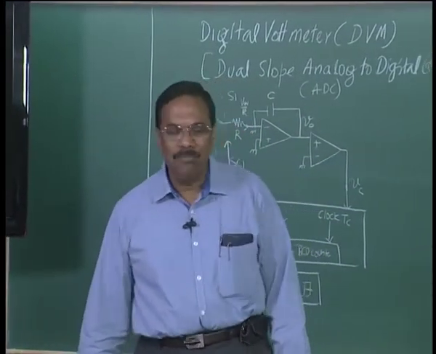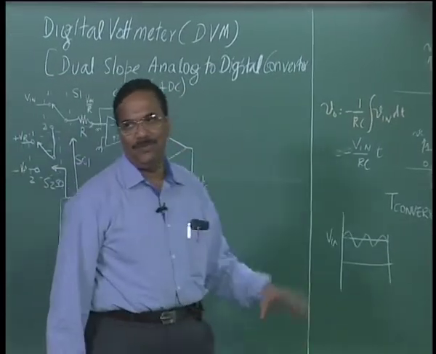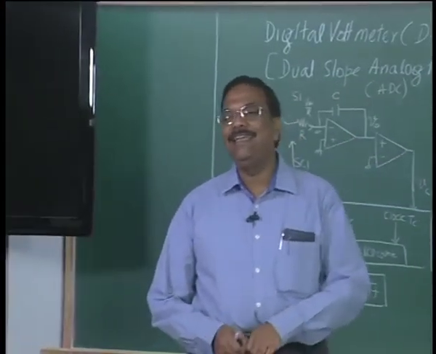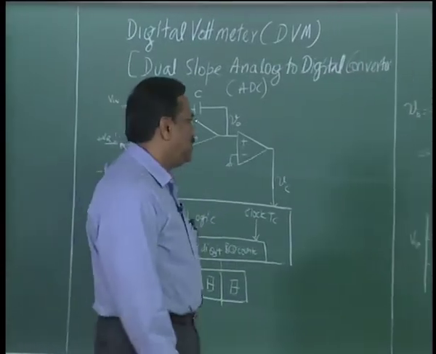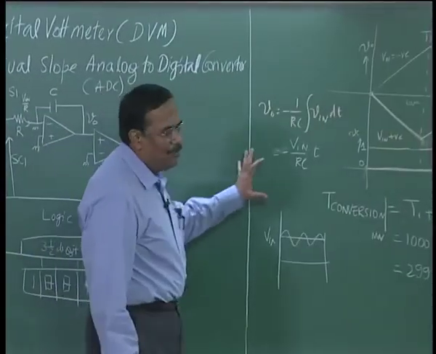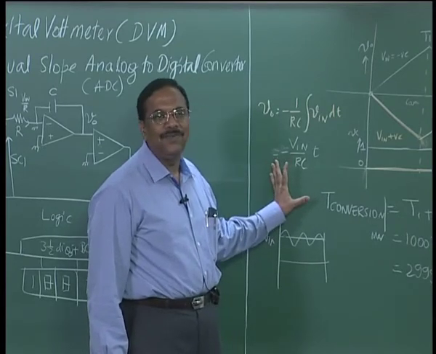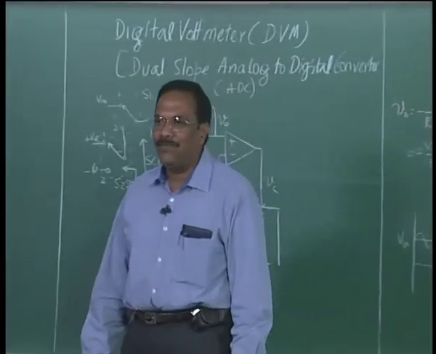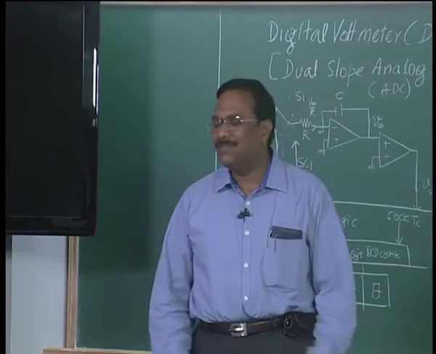If you look at any digital voltmeter or digital multimeter you buy, the conversion time is always set taking this into consideration. Many manufacturers do not know whether you are going to use it in a country like India, where the power frequency is 50 hertz, or in Japan or US, where the power frequency is 60 hertz, but that is no big deal.